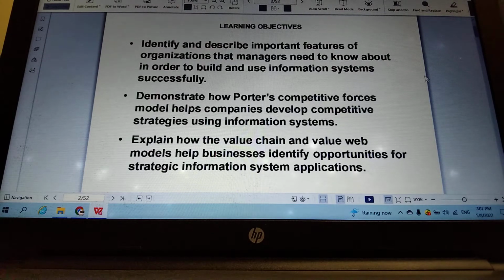The next objective is to explain how the value chain and value web models help businesses identify opportunities for strategic information system application. So the focus here is on strategic information system application.